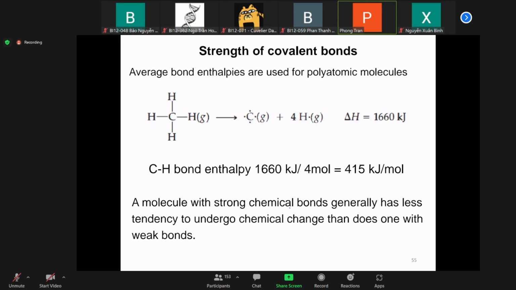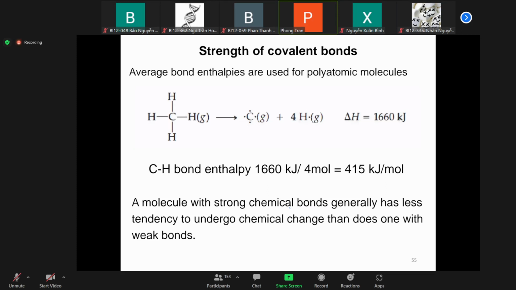So the bond enthalpy will be the average, this reaction divided by 4 because you have 4 identical C-H bonds. So you have the bond enthalpy is 415 kilojoules per mole.